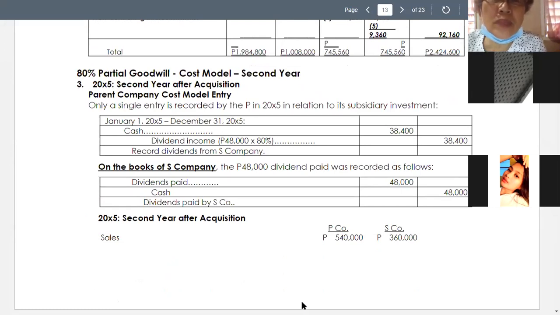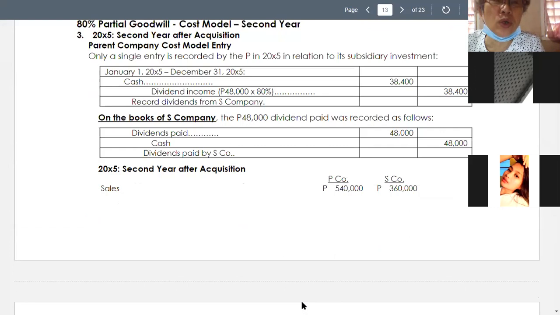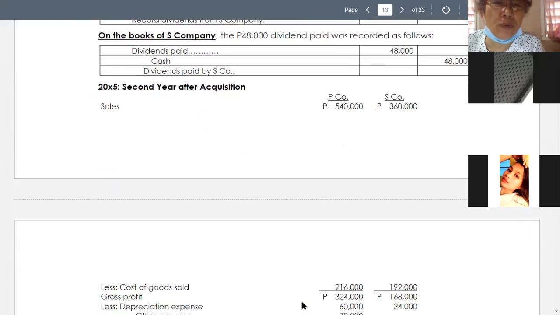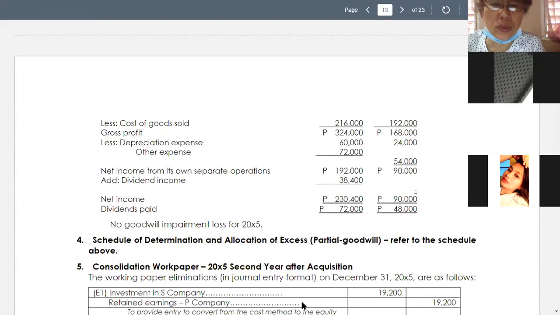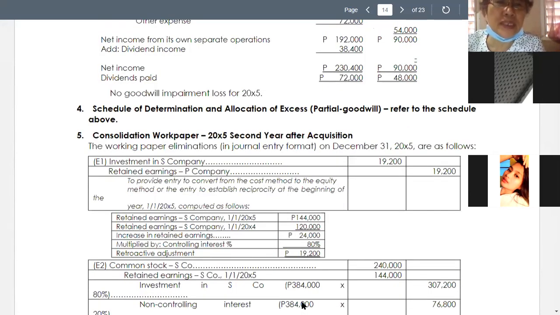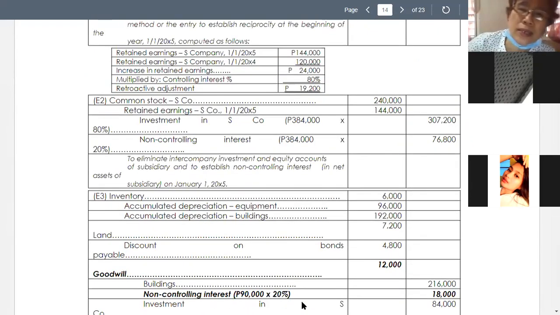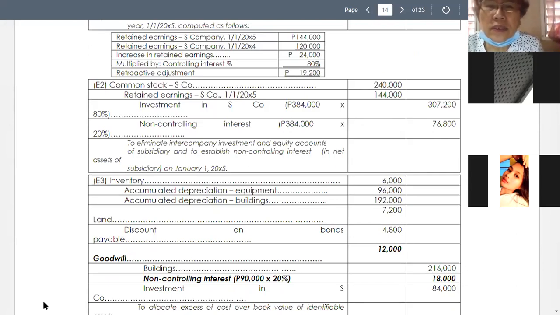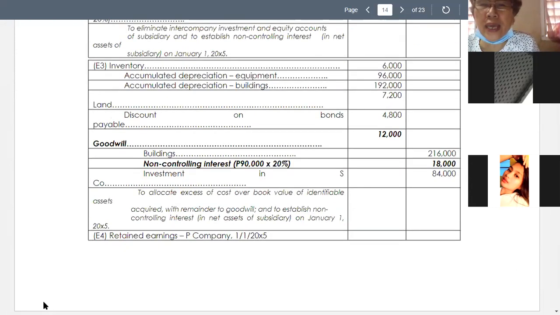Okay? The rest of the requirements are in relation to number 3, still in connection with the partial goodwill model, and number 4, in connection with the partial goodwill model, and number 5, and finally number 6 for 20x5 partial goodwill model. Okay, so we are now dealing with the partial goodwill model for the year 20x5.